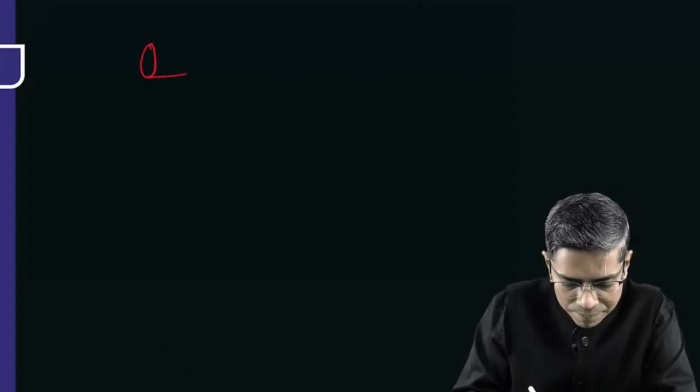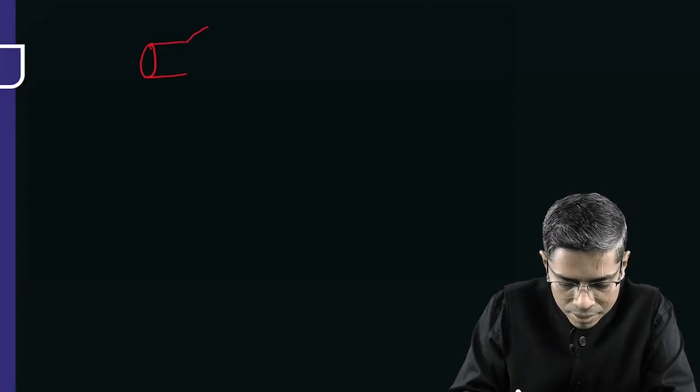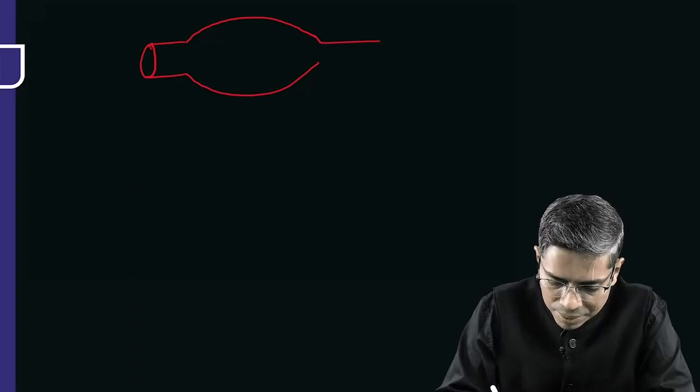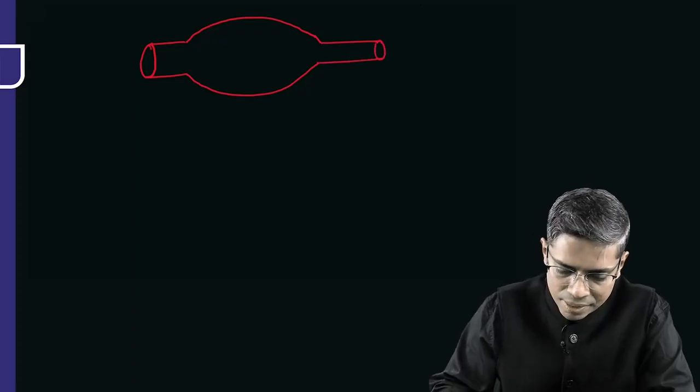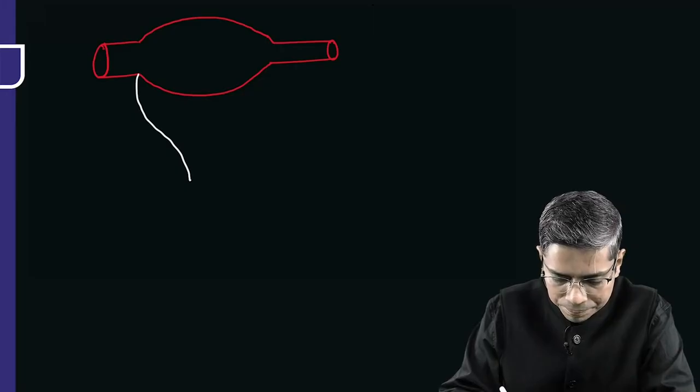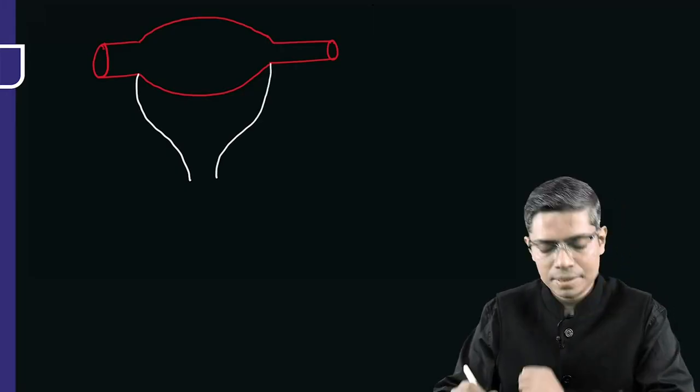Again the schematic diagram, similar kind of. So afferent arteriole, glomerular capillary, and the efferent arteriole, right? And Bowman's capsule is surrounding it, right?